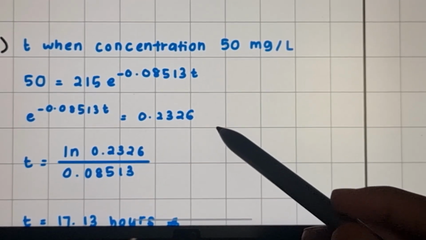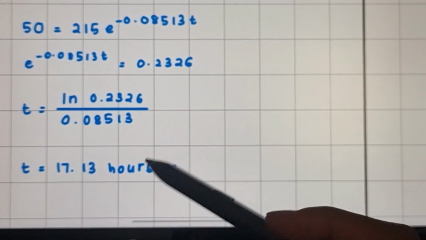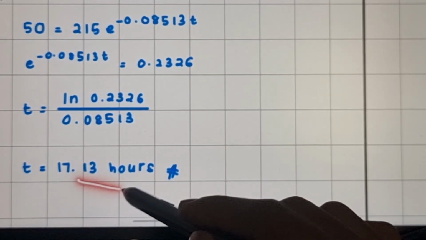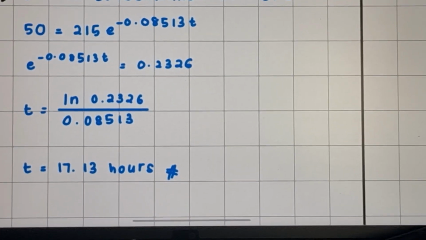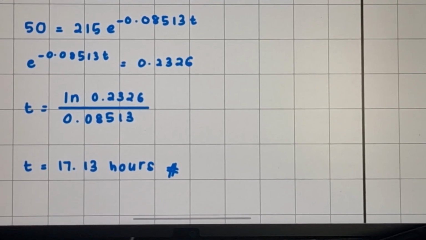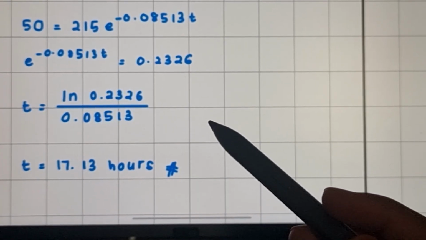Next, we take the natural logarithm of both sides and solve for t, and the calculated time is 17.13 hours. This means the pollutant concentration will reach the target value of 50 mg/L after approximately 17.13 hours.